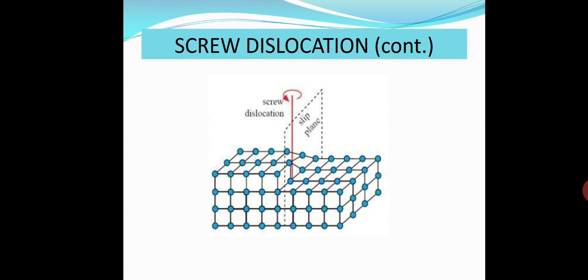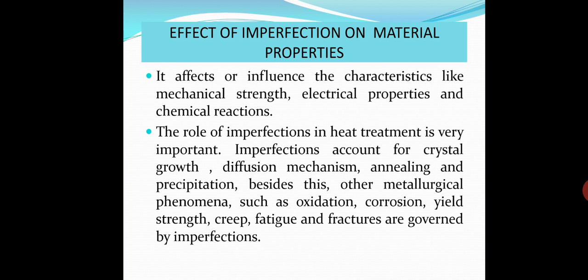So in this video we have discussed edge dislocation and screw dislocation. Both dislocations are line defects and occur where the atomic structure gets disturbed due to application of force or stress.